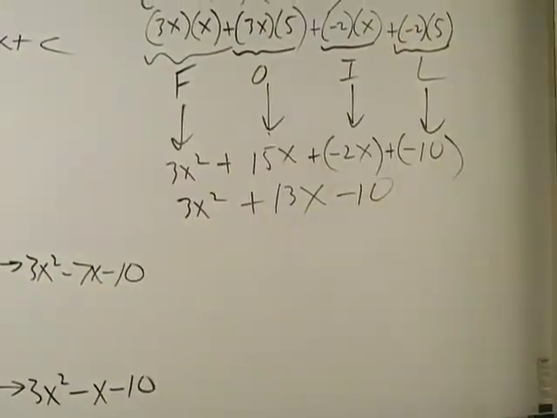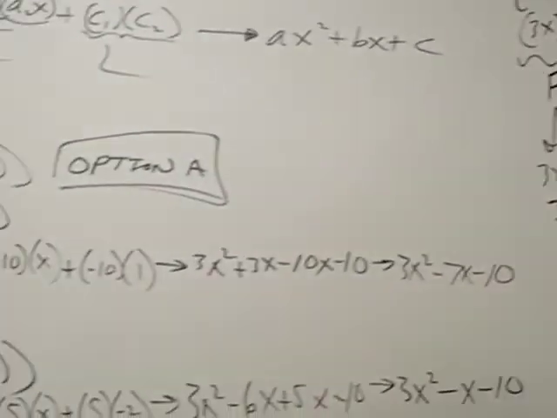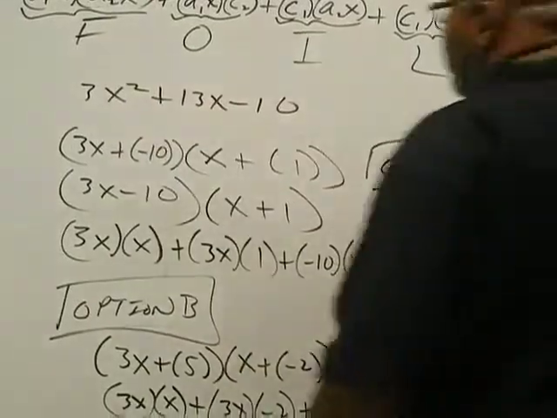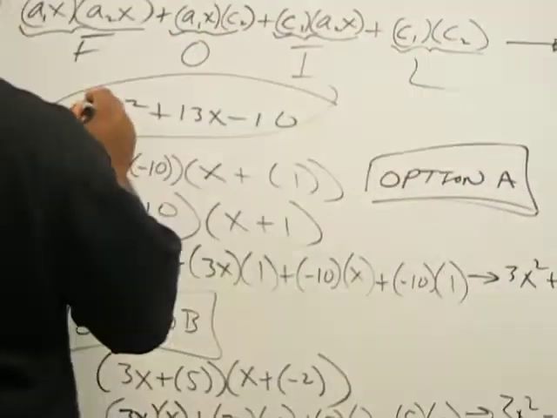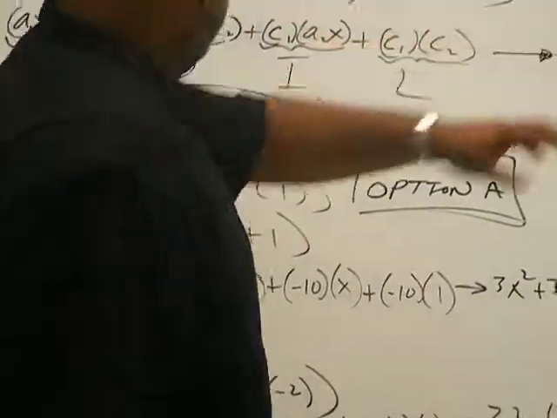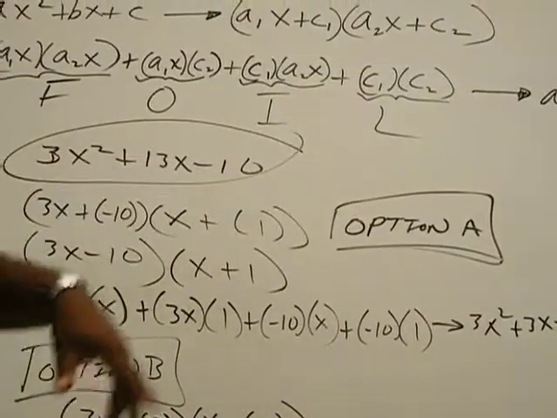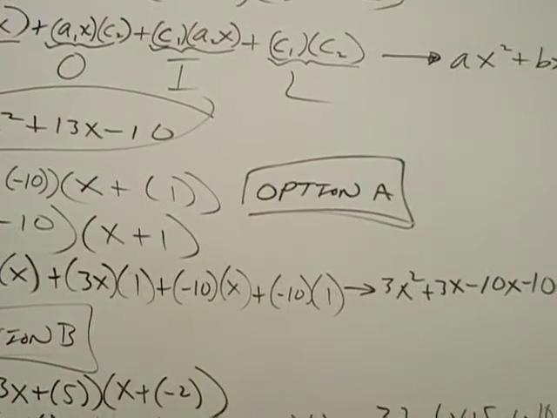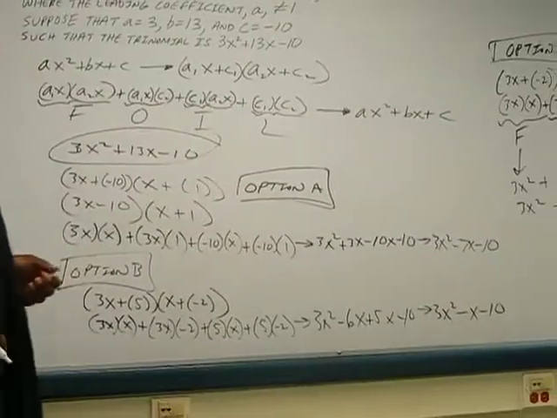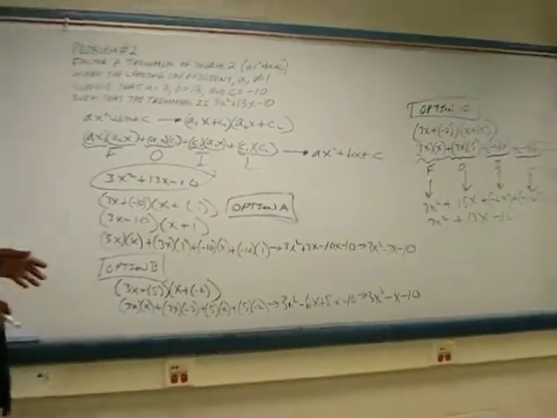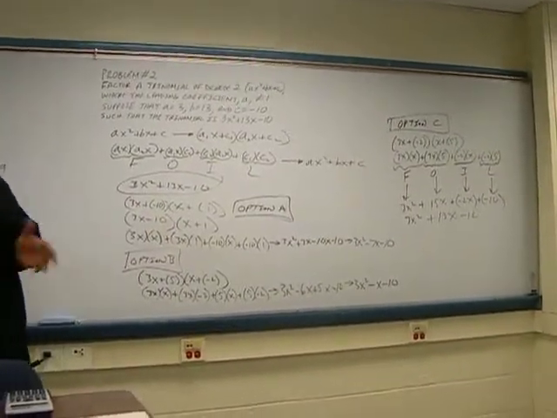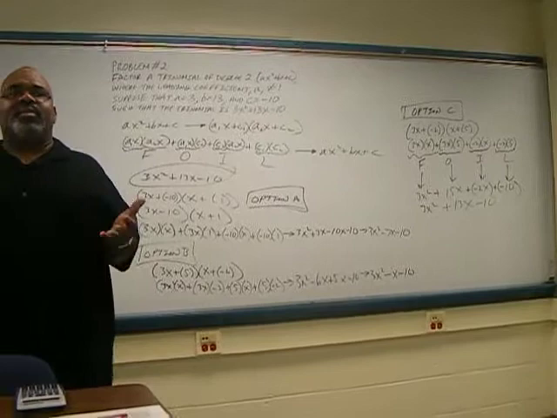Okay, now is this the target? Yes. 3x squared matches up to 3x squared here. 13x matches to our center term, and minus 10 is our third term. So we can see that at this point the factoring worked, and we were able to use a few trial and error options, but that's what it may take.